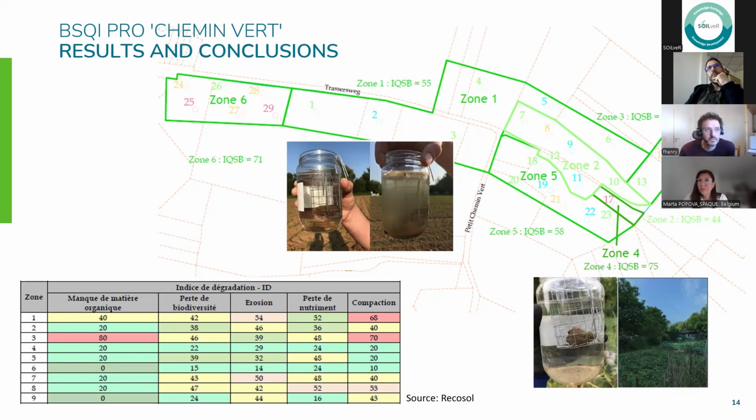Yes, but to do that, we have to have a better knowledge of our soil in Brussels, and it's our difficulty because we don't have data about the quality of our soil in general. So we decided to implement this tool to also get information about our soil.